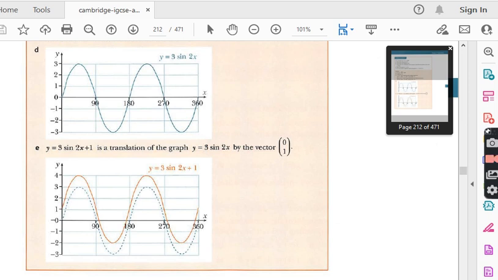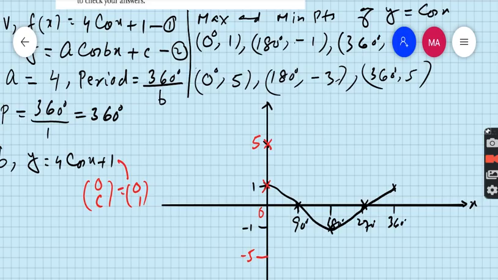The maximum is 2. So this point is moved over here. Okay, I understand. And this point, 1, 2. This point is moved over here. Okay, I get it. This point is moved over here. And this point is moved over here.